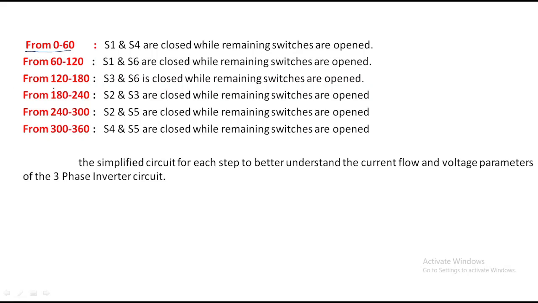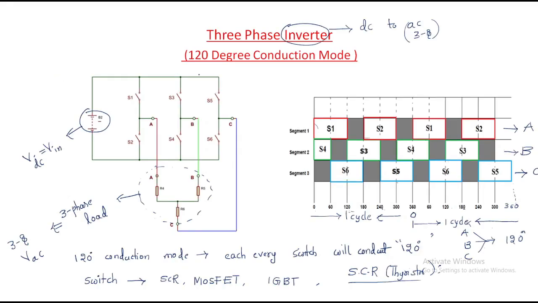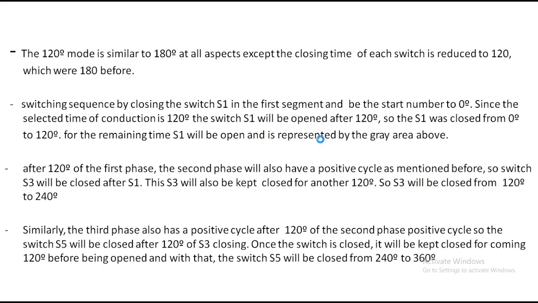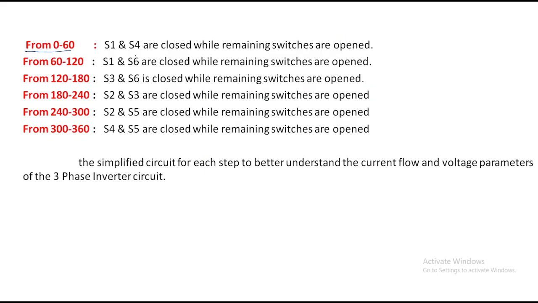First from 0 to 60, look at the 0 to 60, switch 1 and switch 4 both are on. What about the remaining? Only 2 switches will be operated on. So that's why you have to write S1, S4 are closed while remaining switches are open.